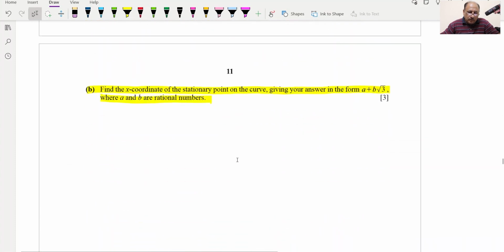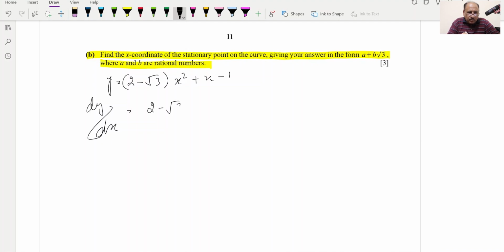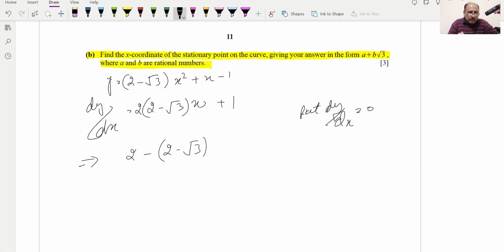So y value I will copy over here, so y is equal to (2 - √3)x squared plus x minus 1, so we can write dy over dx for the stationary point, and this will be (2 - √3) and the derivative of x squared will be 2x, and the derivative of x will be 1. So this is the derivative, and for stationary points we'll put dy over dx equal to 0, so this implies (2 - √3)(2x) plus 1 equals 0.